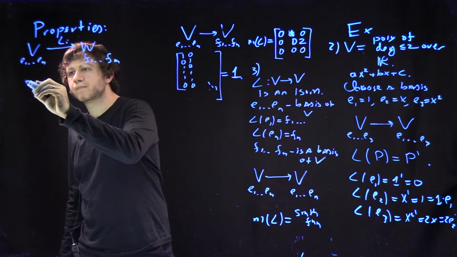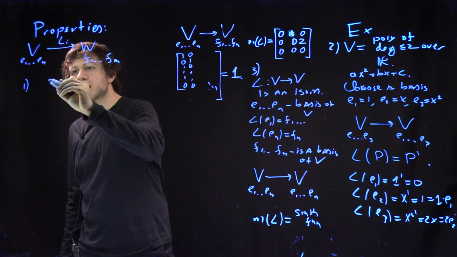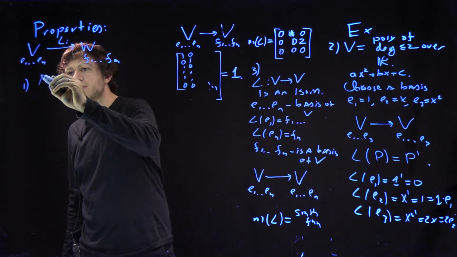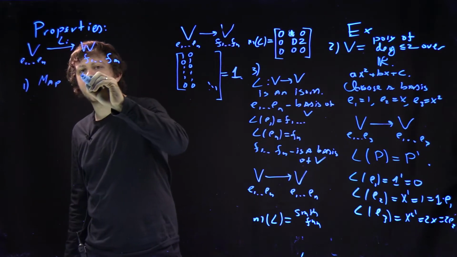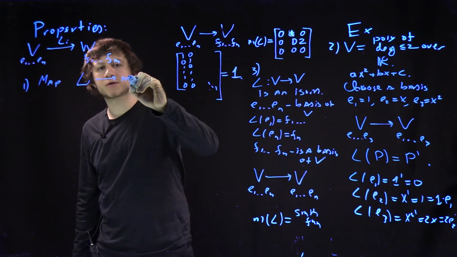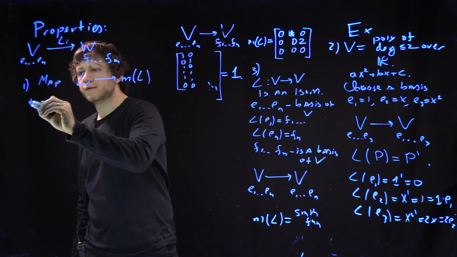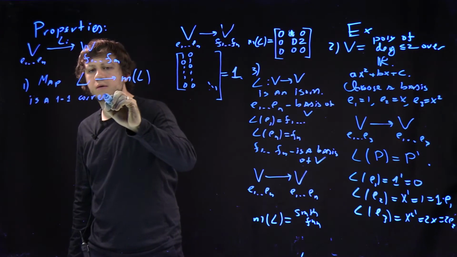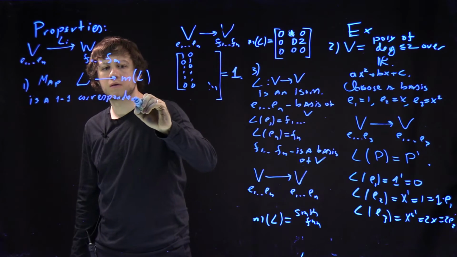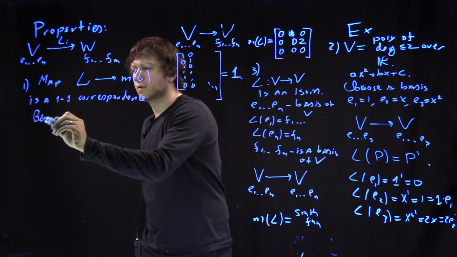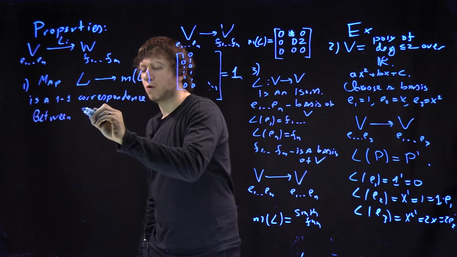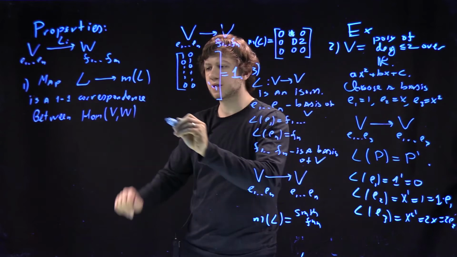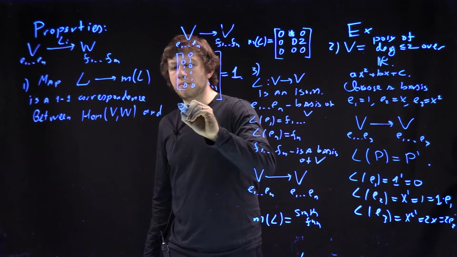So firstly, there is a map which takes a map L and associates a matrix M of L, and this is a one-to-one correspondence between Hom from V to W, which is just the set of all linear maps, and matrices.